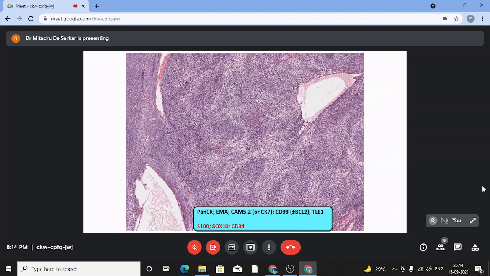For MPNST, you could consider SMA with your S100 and SOX10. And for solitary fibrous tumor, in those cases where you have prominent vascularity, consider CD34, and if you have it, STAT6. Now, having said that, these particular sarcomas can often have a very cystic presentation simply because the entrapped ducts grow up to huge, grotesque sizes.